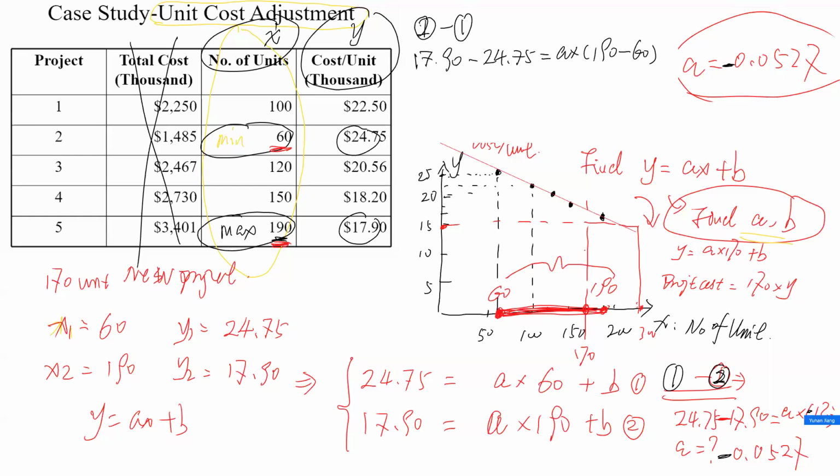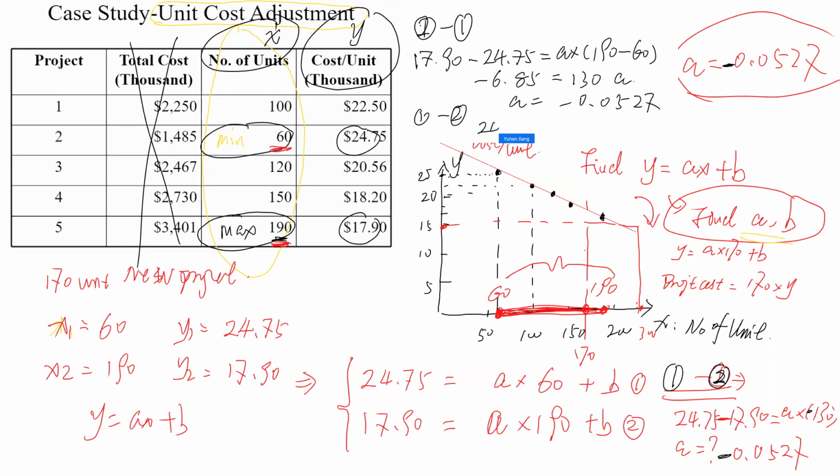So we're getting here, then we can find the left side is equal to 17.9 minus 24.75. And we get here negative 6.185 is equal to 138. Is that correct? So you get A is equal to negative 0.257.